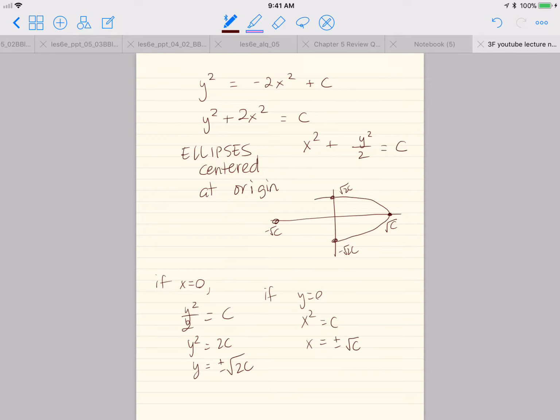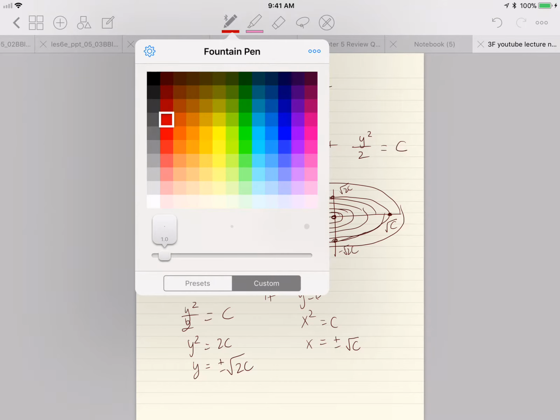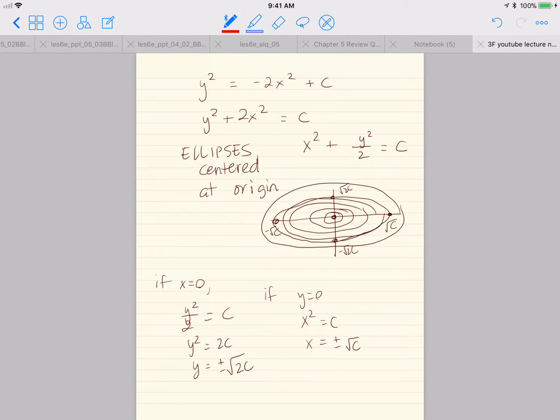So we'll have ellipses, right? And as c gets bigger, the ellipses will get bigger and bigger depending on c. And these are apparently orthogonal to the parabolas that we have, right?